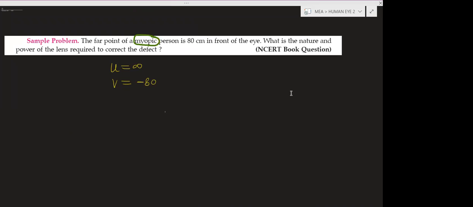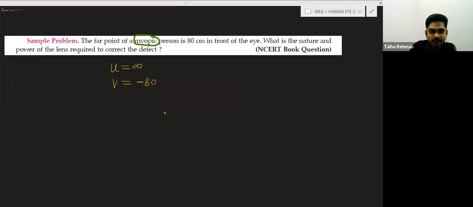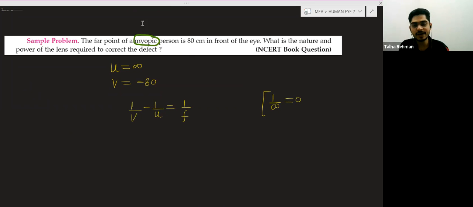Now we can calculate the focal length. What is the formula? 1 upon v minus 1 upon u is equal to 1 upon f. I am giving you the hint: 1 upon infinity is equal to 0. So all of you try this question by yourself.